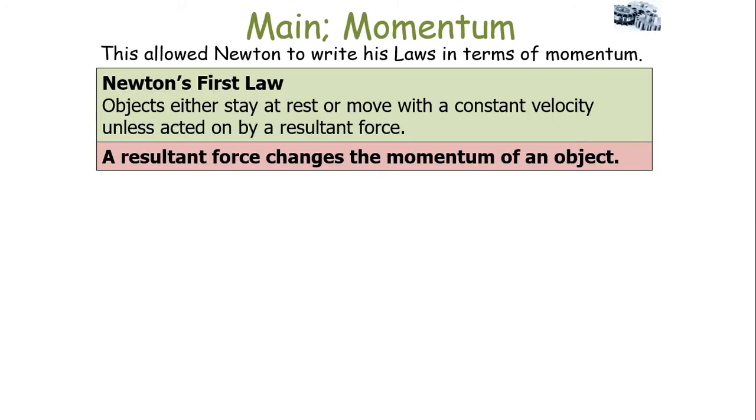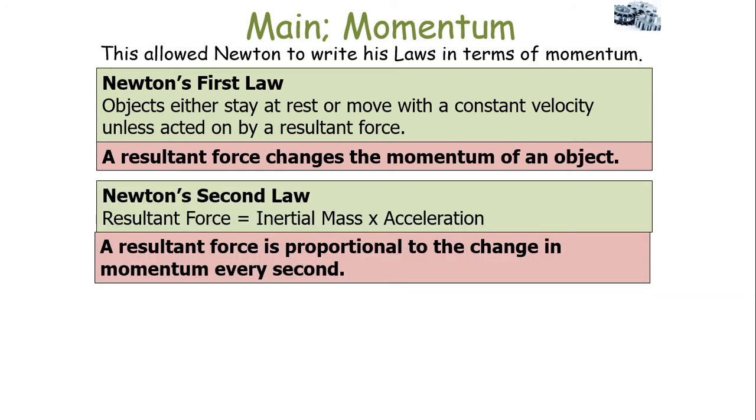Now this allowed Newton to write his laws of motion in terms of momentum. So he wrote Newton's first law, which we know today as an object will stay at rest or will move with a constant velocity unless acted upon by a resultant force, as a resultant force changes the momentum of an object, which will be important later in the course.